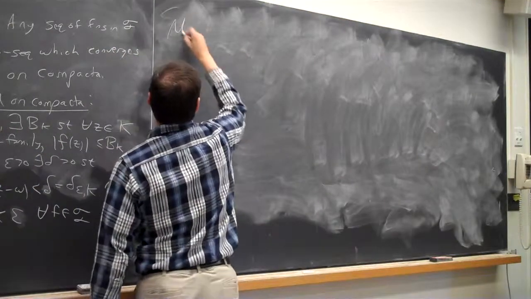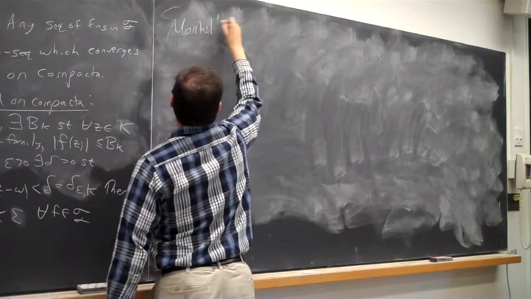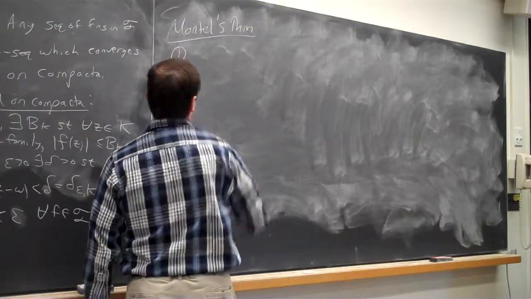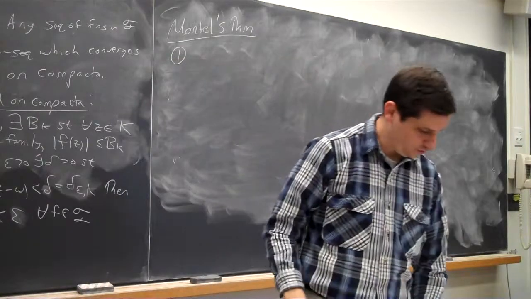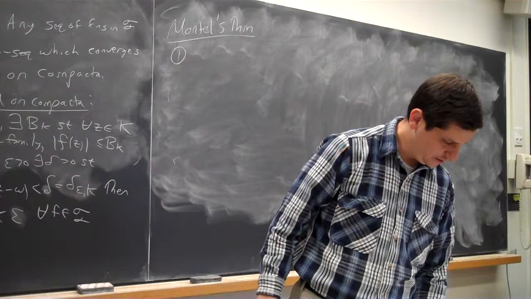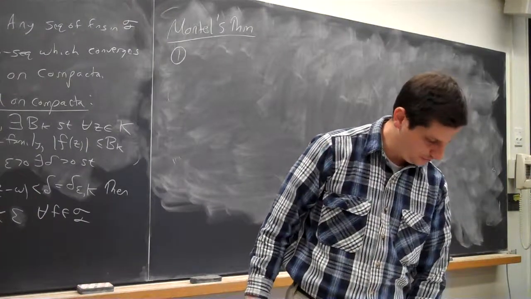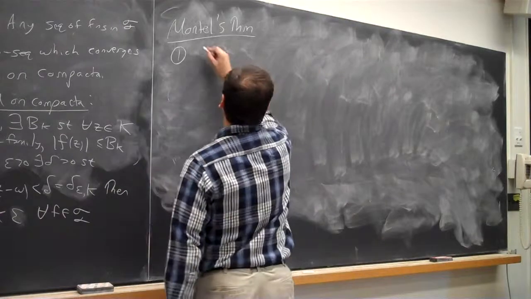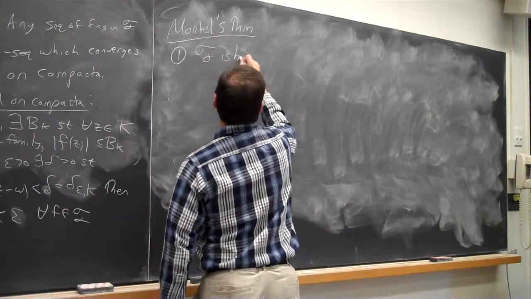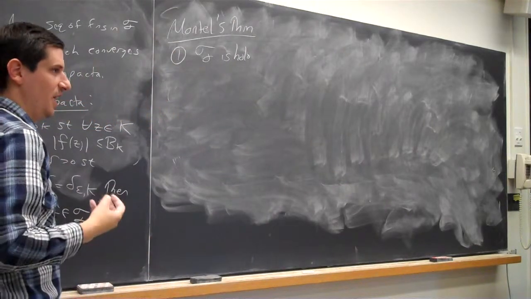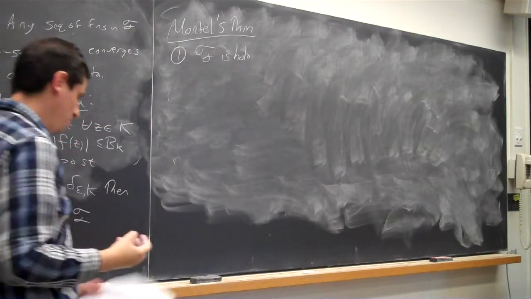Okay, so now it's Montel's theorem. There are two parts. I'm only going to do part one today. Part one: a holomorphic family, uniformly bounded on compact sets, is equicontinuous. So now we're going to use holomorphicity, and this is something that is not true if we drop holomorphicity.